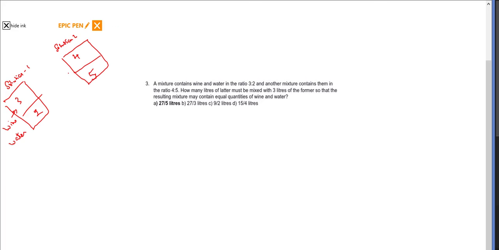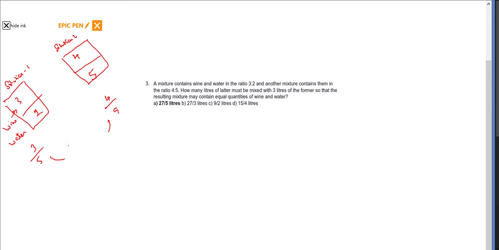So this is our second solution. So we have 3 parts of wine out of total 3 plus 2, 5 parts. Out of 5 parts we have 3 parts of wine in solution 1, and out of 9 parts we have 4 parts of wine in solution 2.